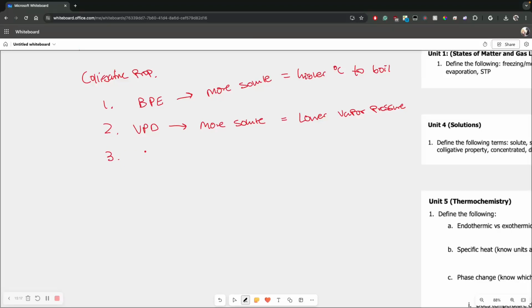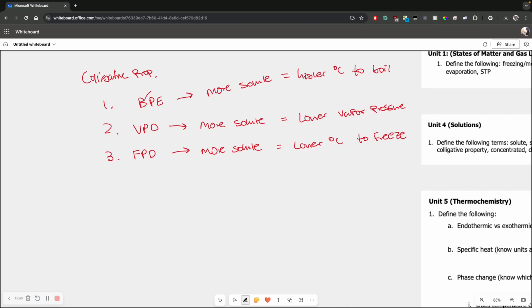Last but not least, we have freezing point depression, FPD. That's just saying that the more solute you put in, the lower the temperature you need to freeze.